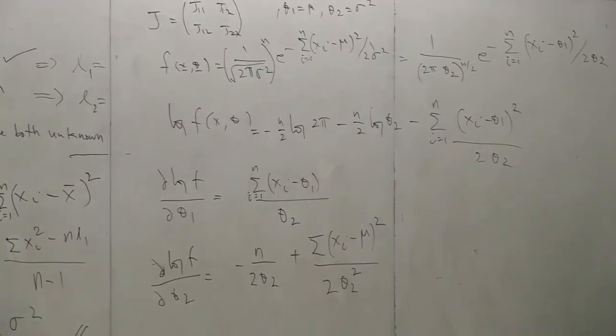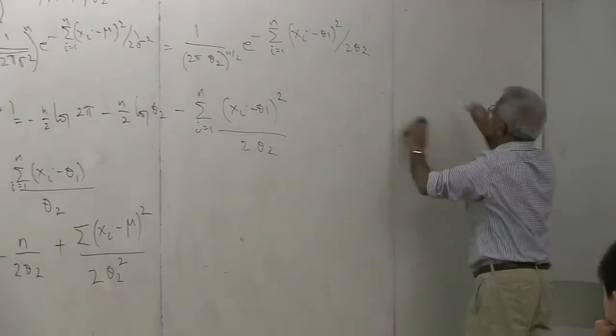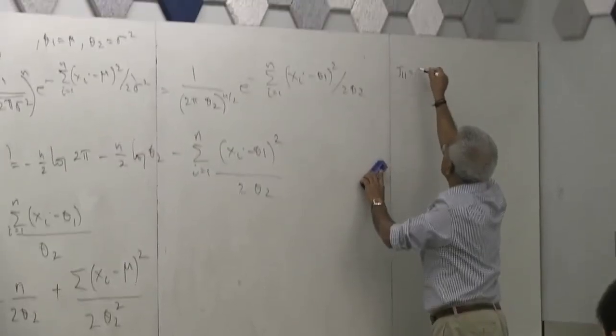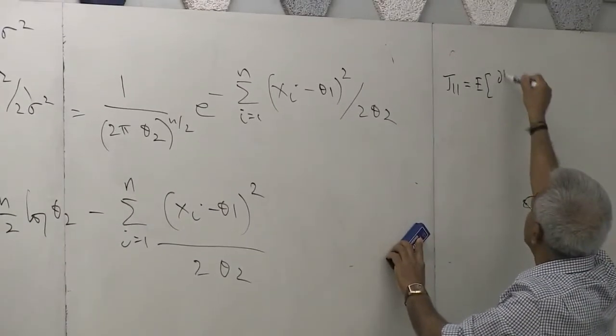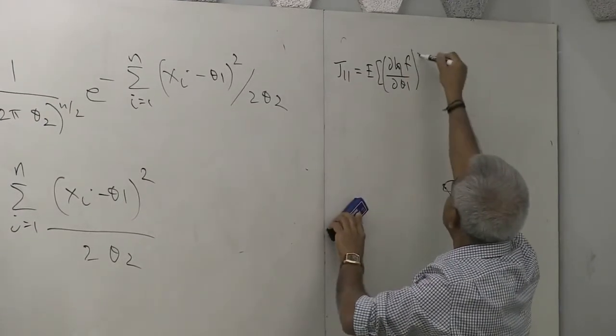If this is okay, let's try to find J11. J11 is the expected value of d log f d theta 1 squared.